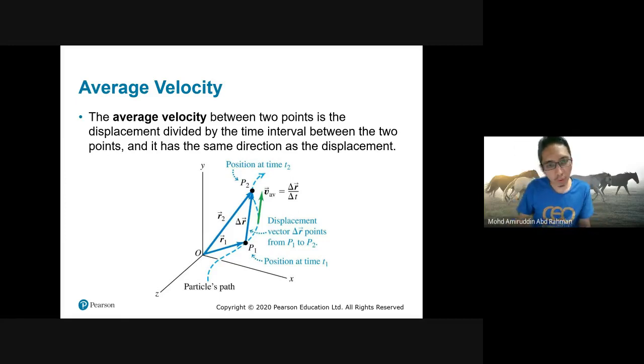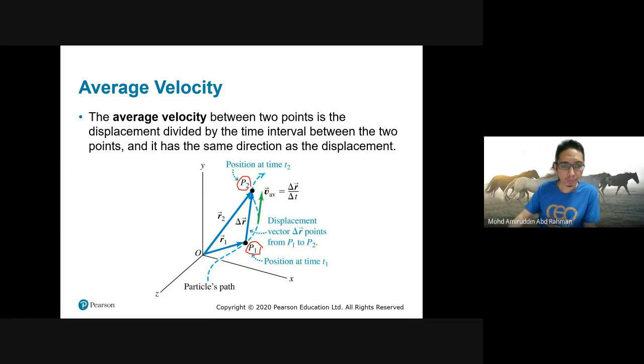Let's say you have one vector at P1. You want to know what is the average velocity between point 1 over here to point 2.